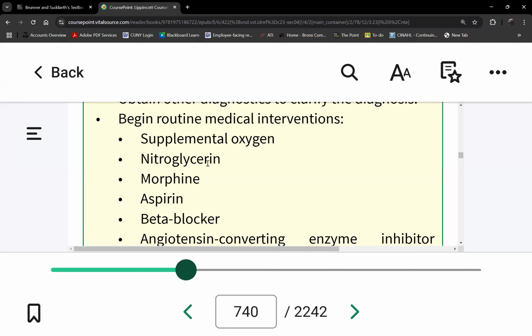But in practice, it's actually either ONMA or ONAM. So oxygen, nitro, and then morphine, aspirin. You can also give aspirin before morphine, right?